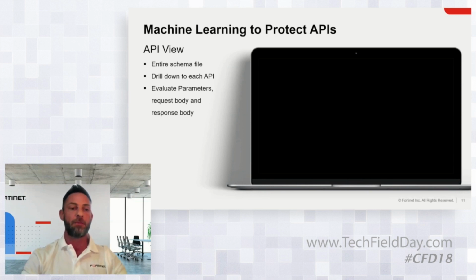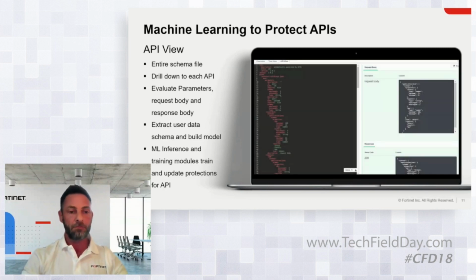We're drilling into each API. We're evaluating the requests, the full request body, and then the response from the API. And from that, we're building a model. Then we have several modules within our machine learning engine that are training for that specific API.